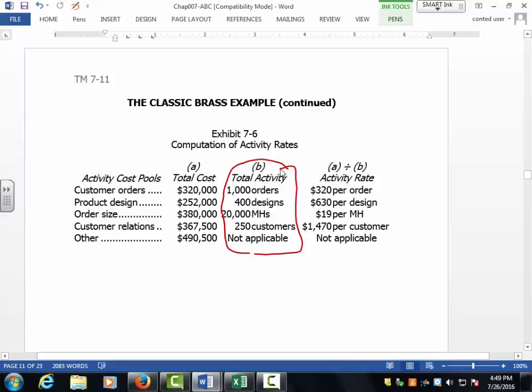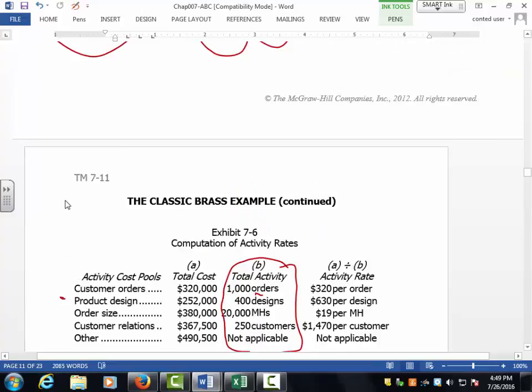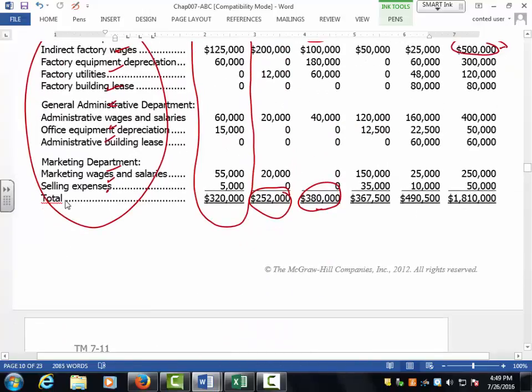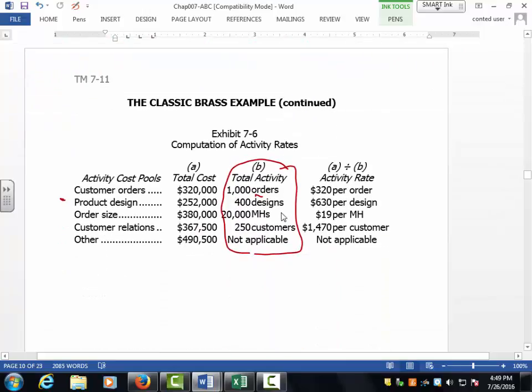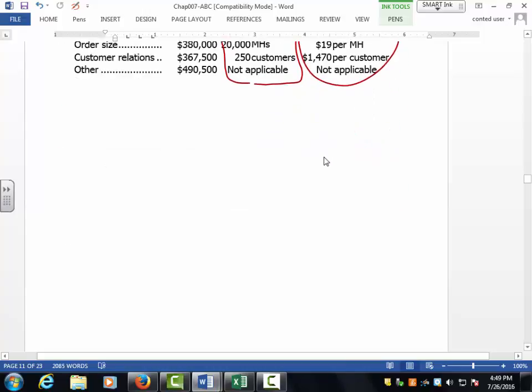So we processed in customer orders 1,000 orders. In product design, we had 400 designs. So if we take that total cost, the column totals going across here, and divide it by how many times that activity occurred, we now have a cost per activity.